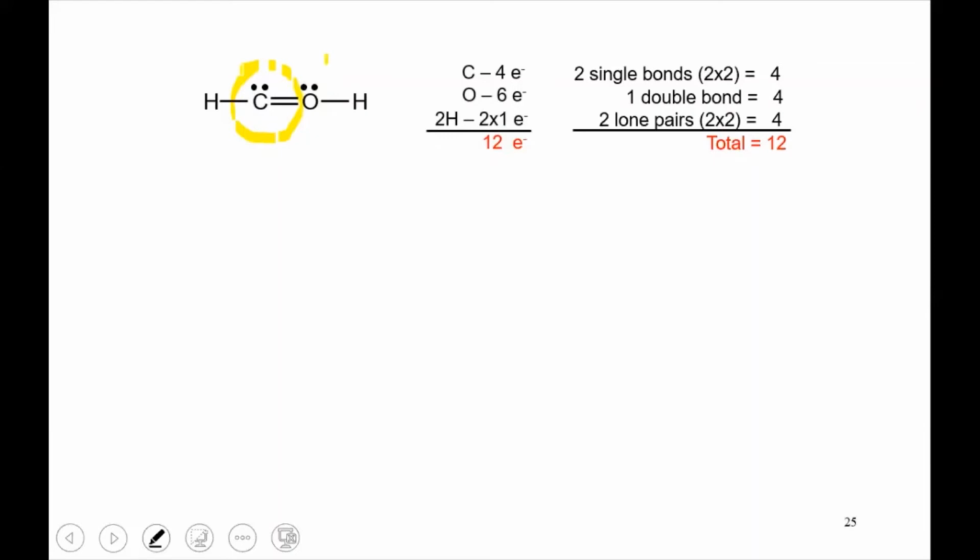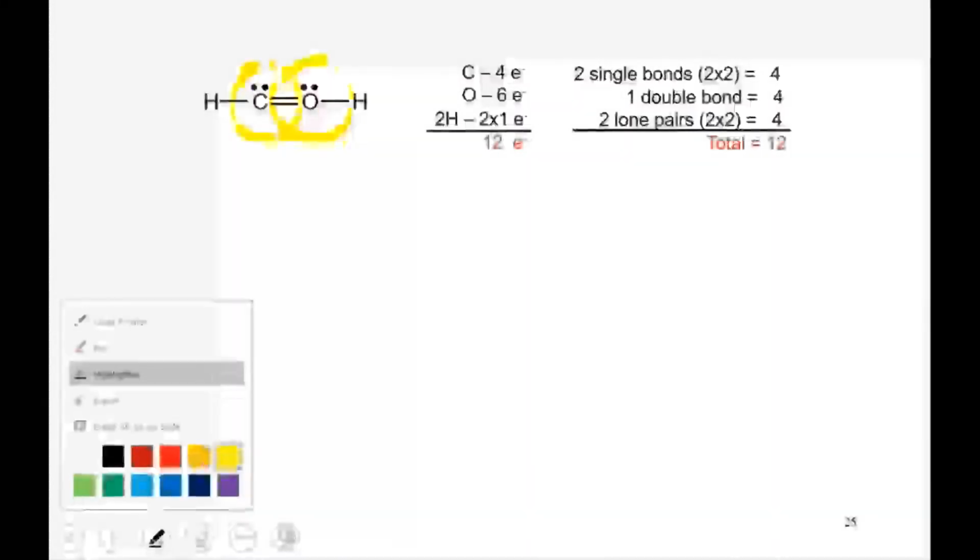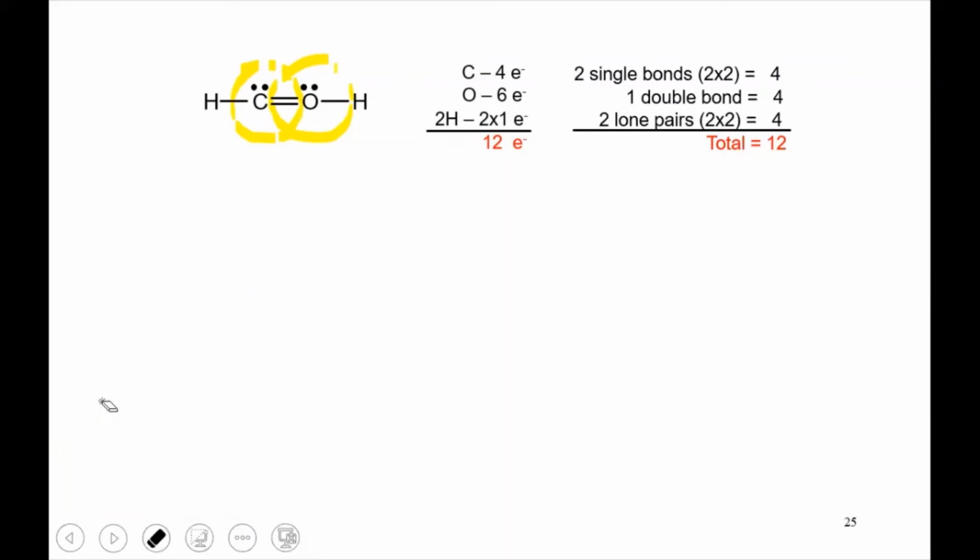Let's look at the oxygen. Same thing, we have the single bond and the double bond, so that's 3 bonds at 2 electrons each, that's 6, and the lone pair, that's 8. So as far as the octet rule is concerned, this structure works.